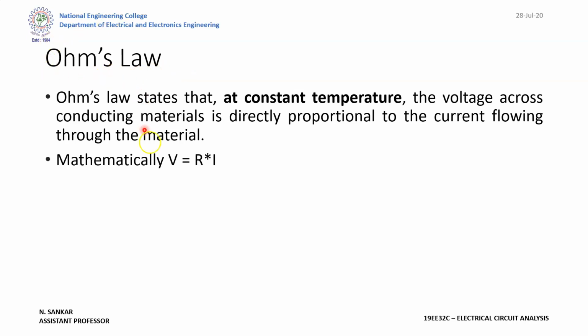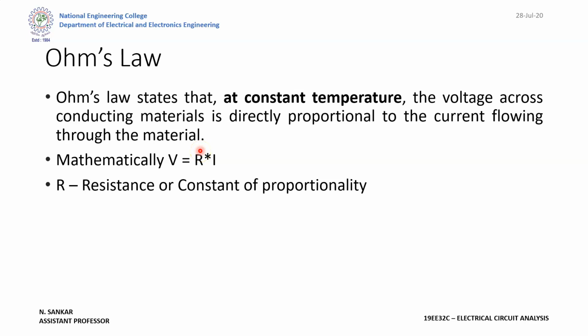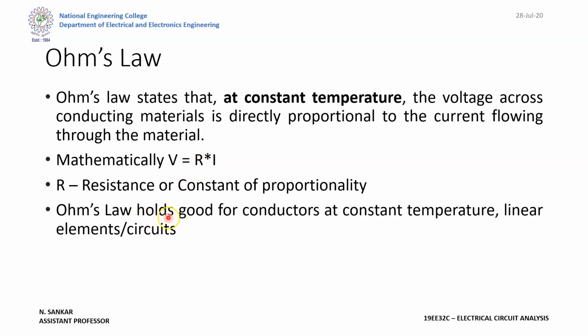You can mathematically represent this as V directly proportional to I, which gives V is equal to R into I. Here R is your constant of proportionality, which we call the resistance. So we can simply say R is equal to V by I. Ohm's law mainly holds good for conductors at constant temperature and linear elements.